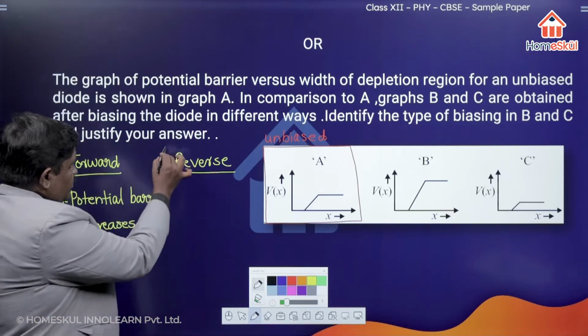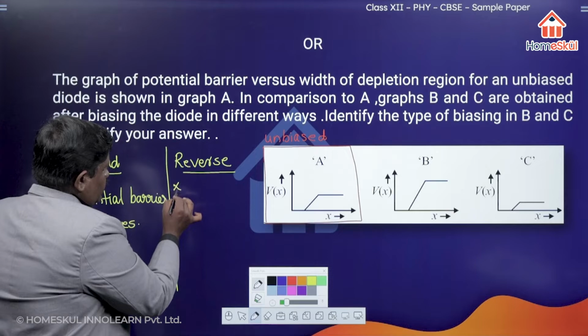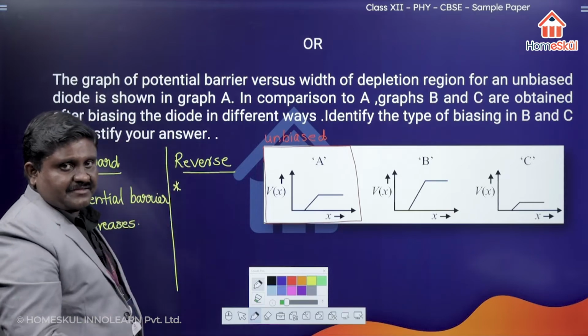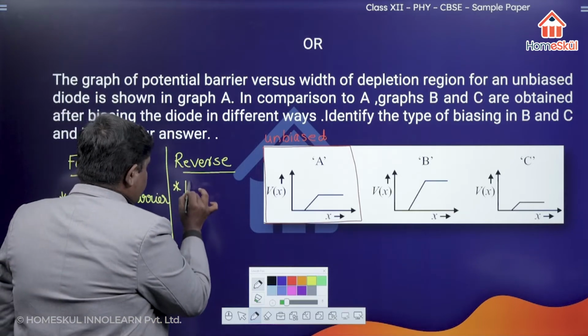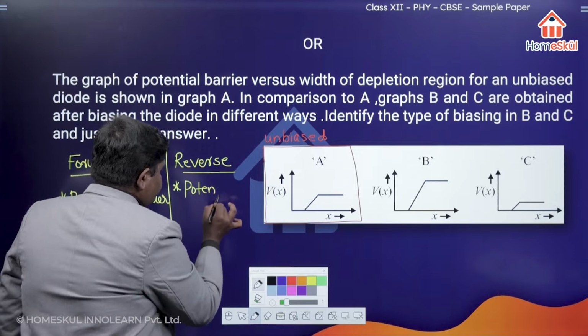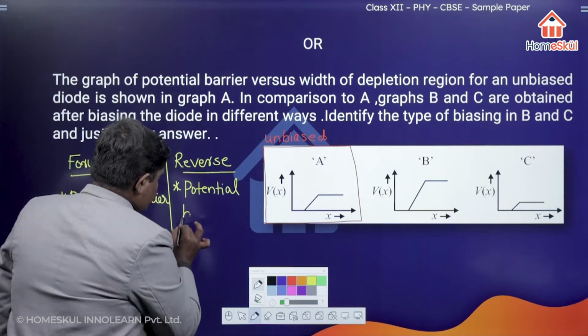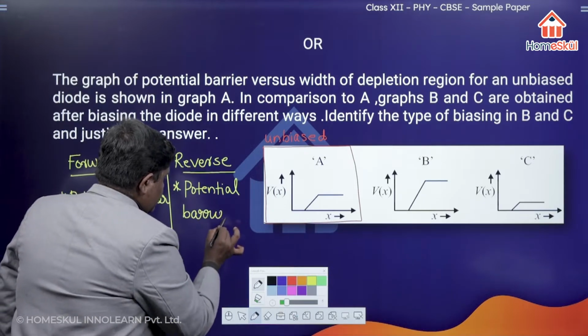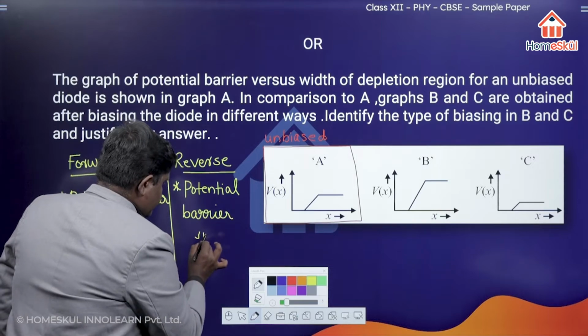In the case of reverse biasing, the depletion region increases, so the potential barrier increases.